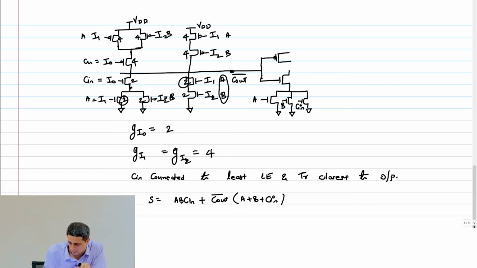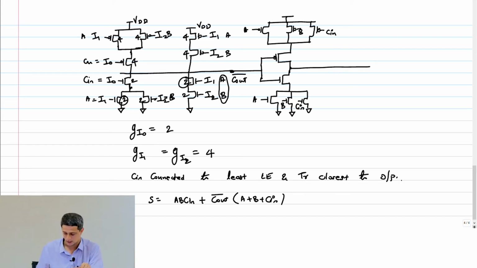And now I'm going to apply my mirroring property here and just mirror that NMOS stack on the PMOS as well. Right? A, B, C in. And I have to create that last case, which is basically A, B into C in.